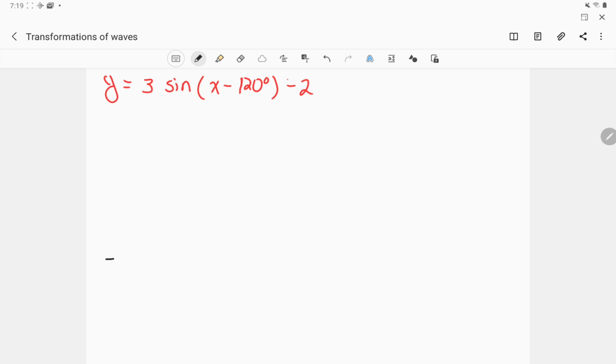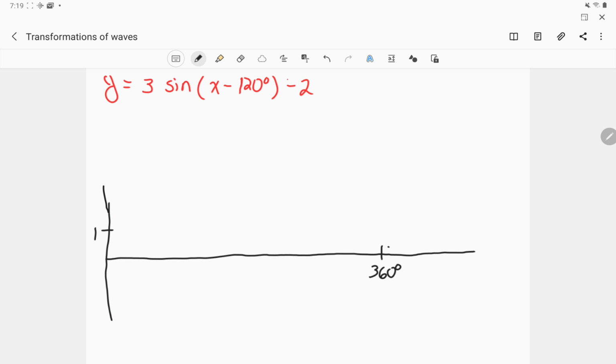So here we have, I'm going to say 360s right about here. And this is 1, this is 2, this is 3. This is -1, -2, and -3.